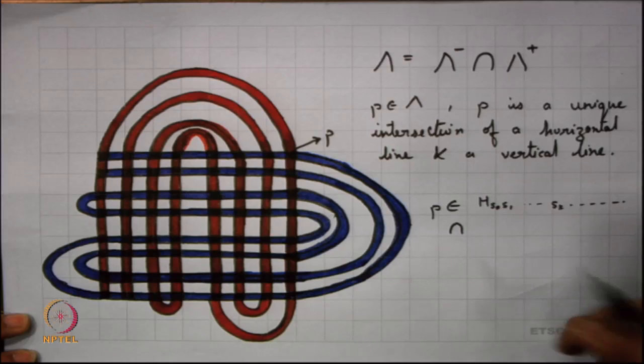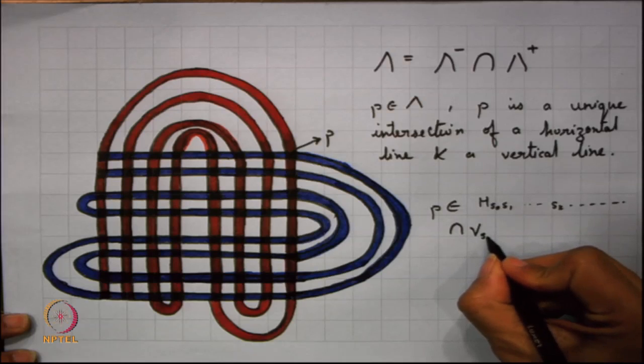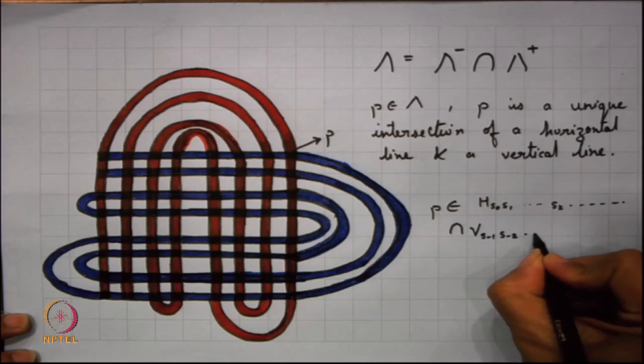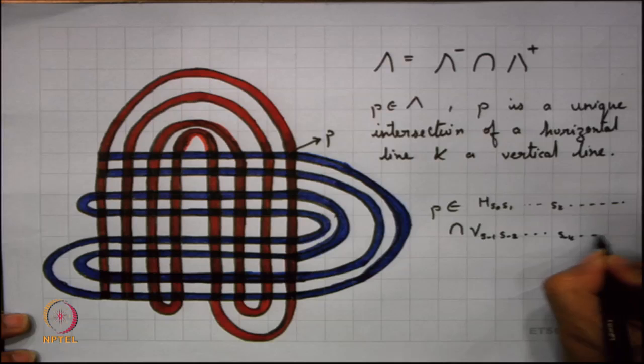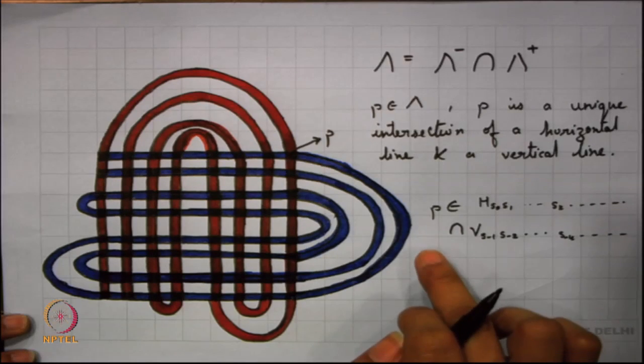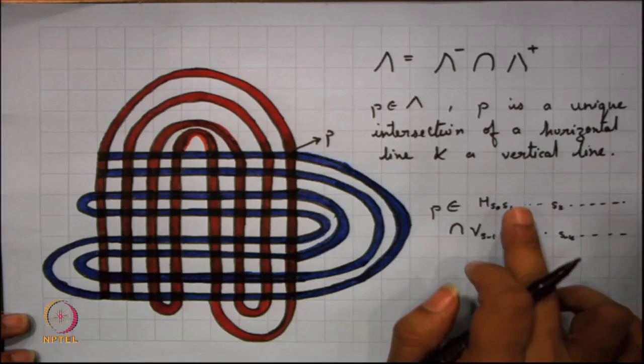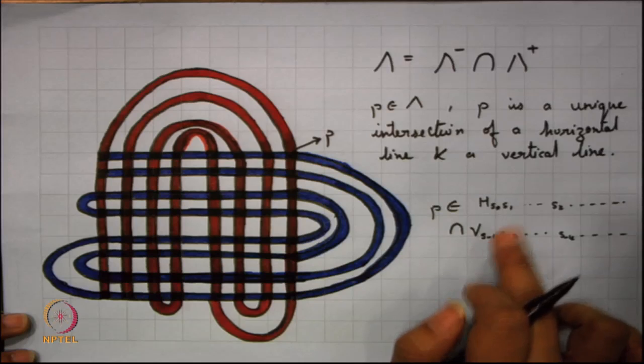So, my vertical line I am labeling again by a sequence of zeros and ones. For a unique sequence of zeros and ones you have a unique line. Supposing this was V, s minus 1, s minus 2, s minus k and onwards. So, this was a unique sequence over here. What we get here is that associated to P we get a unique bi-infinite sequence of zeros and ones.